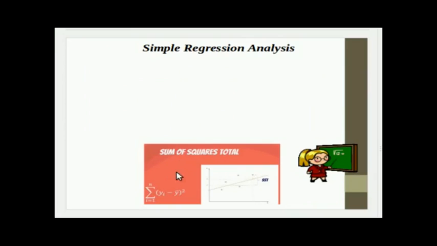The sum of square total, generally abbreviated as SST, is the squared difference between the observed dependent variable and its mean. You can think of this as the distribution of the observed variable around the mean, much like the variance in statistics. It is a measure of the total variability of the data set.